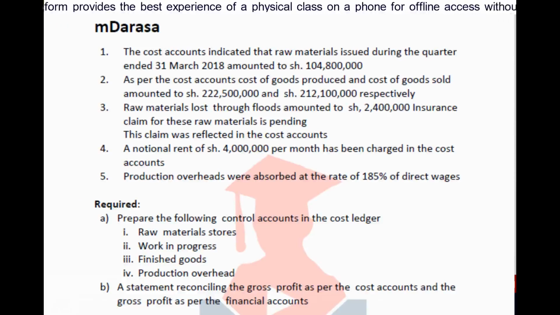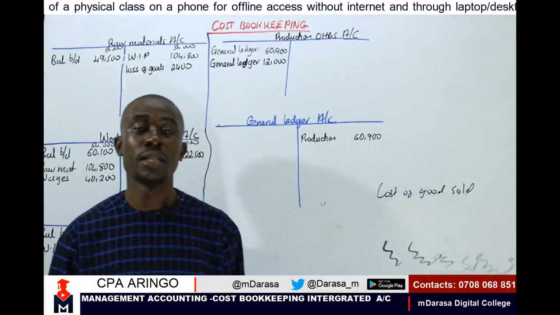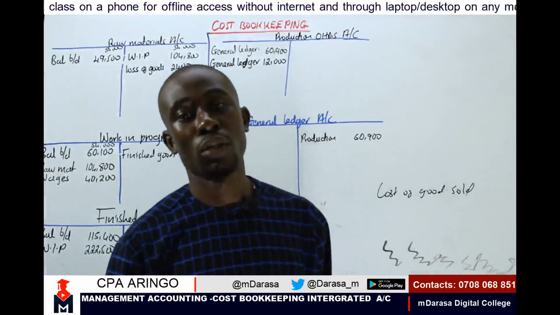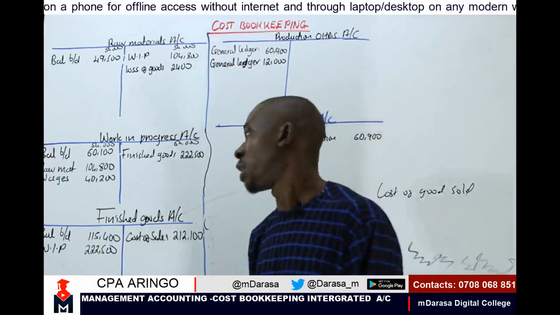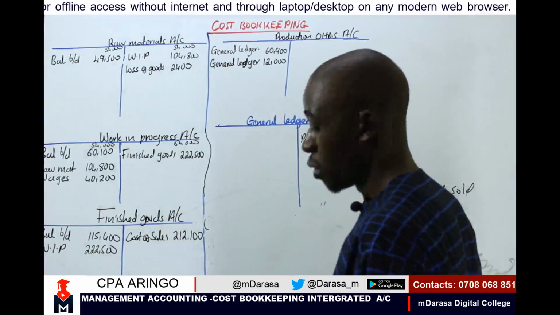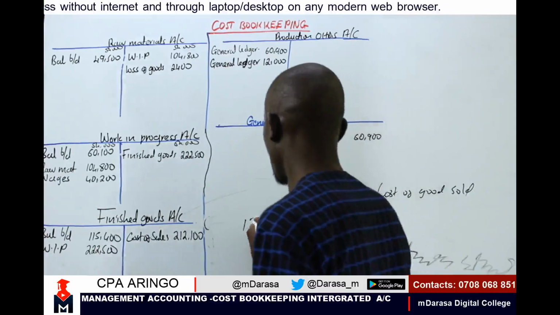So having that case, what will we be having? Charging our production, I know I'll be having 2 accounts to be affected. That is production overheads account and work in progress account. So production was charged at the rate of 185% of direct wages.